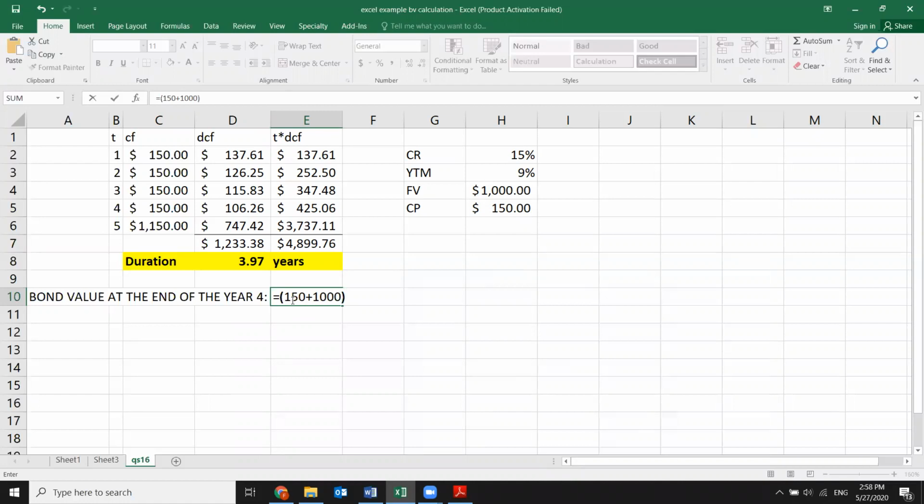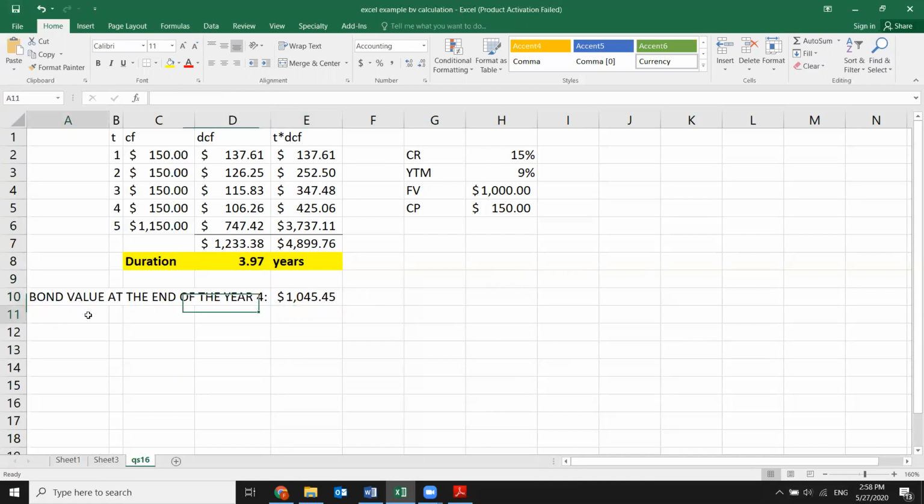And this should be discounted by 1.10, because from year 5 to the year 4, there is 1 year. So we are raising just to the power of 1. This is what we get as the bond value at the end of the year 4.